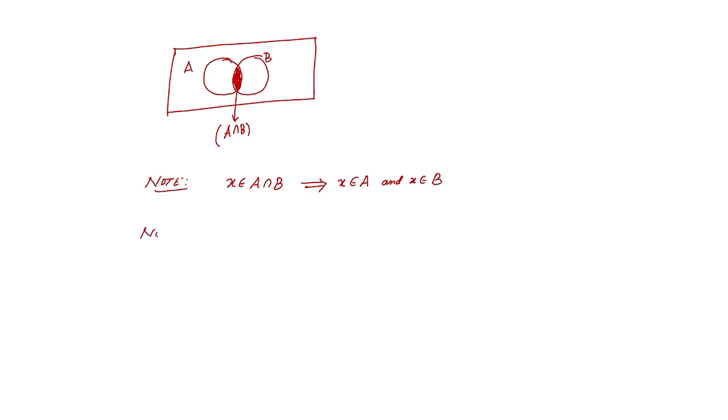And here another note, you must verify: the whole thing is the union, this is the intersection part. So A intersection B is always a subset of A union B.